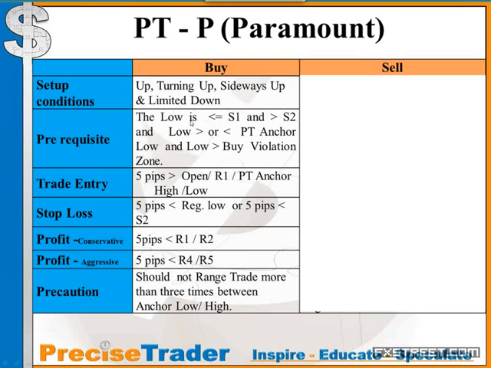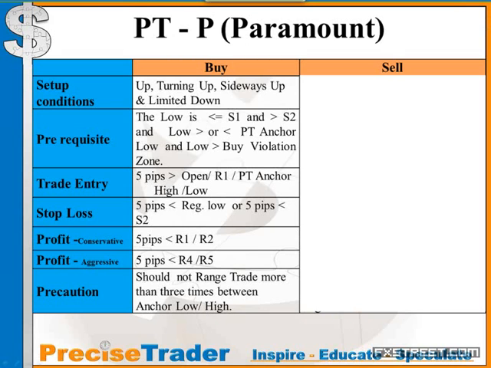So if all these conditions are fulfilled, naturally, if the low is less than S1 and greater than S2, I think this buy violation zone would already have happened. But it's good to check, so at least we know that we are on the move and we are together with the system, right?